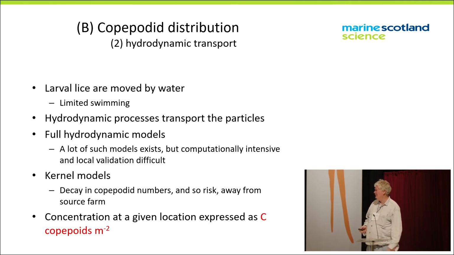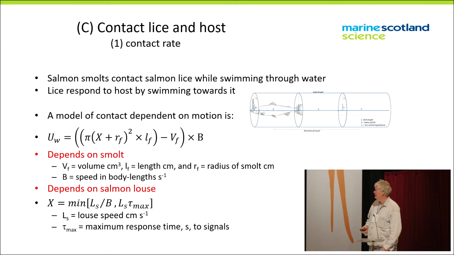So to satisfy nobody, I'm going to use a kernel model just to describe this basic structure, where the decay in copepodid numbers, and hence infection risk, decays with distance from farm. The result is a concentration which is expressed as copepodids per meter squared, for historical reasons, really.